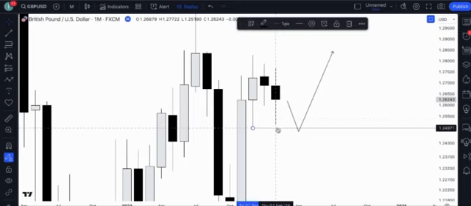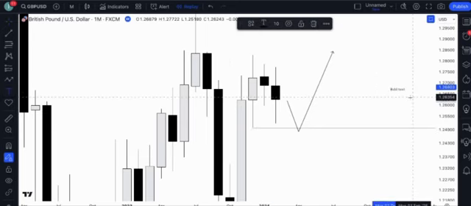So you either trade the PD array itself, the key level, or you trade the journey to the key level.